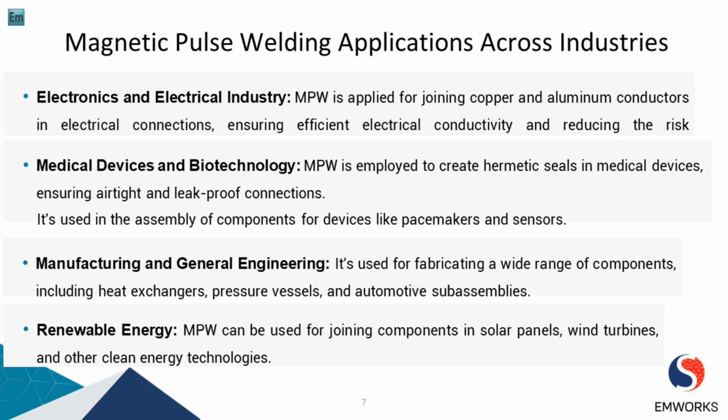Moreover, in the medical devices and biotechnology sector, magnetic pulse welding is employed to create seals in medical devices, which are called hermetic seals, which ensure airtight and leak-proof connections, crucial for components in devices like pacemakers and sensors.